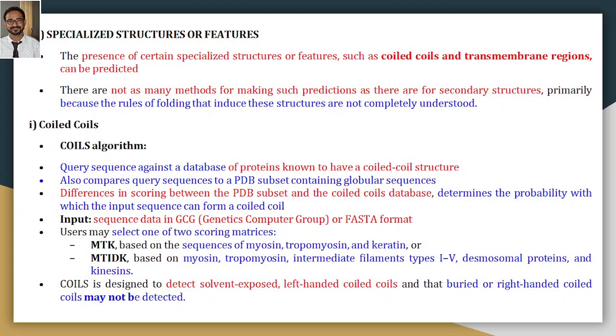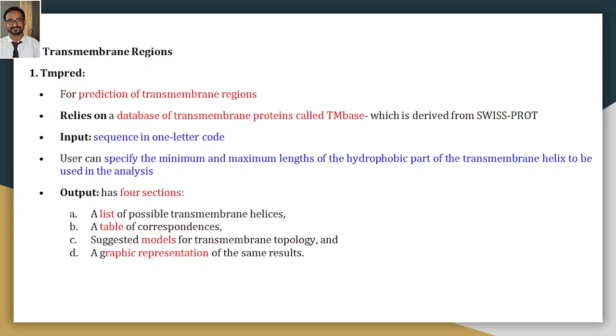COILS is designed to detect solvent-exposed left-handed coiled coils, and buried right-handed coiled coils may not be detected. So these are about coiled coils. Next we have transmembrane regions.